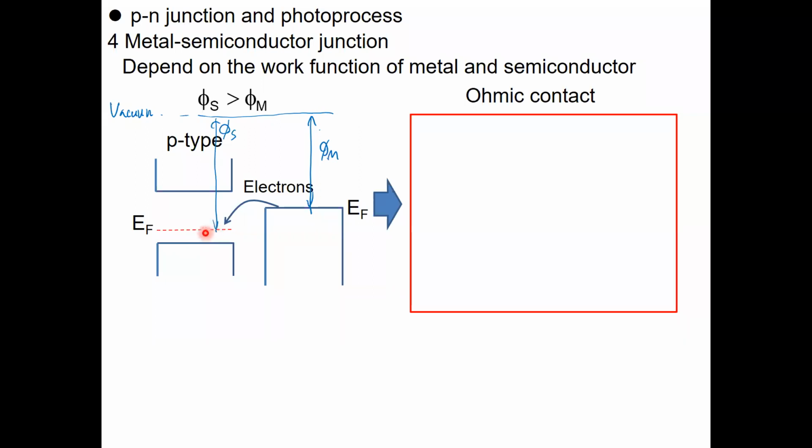Originally these acceptors are accepting electrons from the valence band to give holes in the valence band to give a conductivity. However, if you have a contact between the metals, electrons are coming, so electrons are actually captured by the acceptor levels.